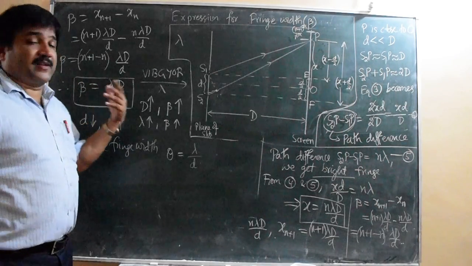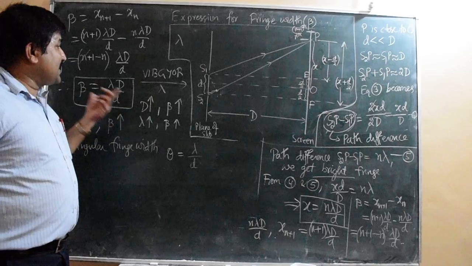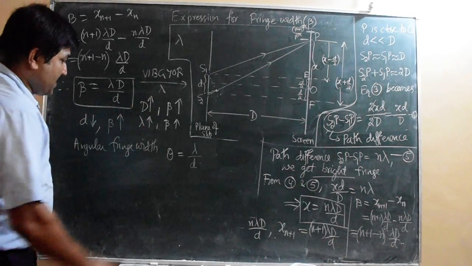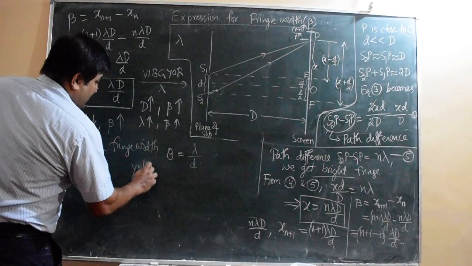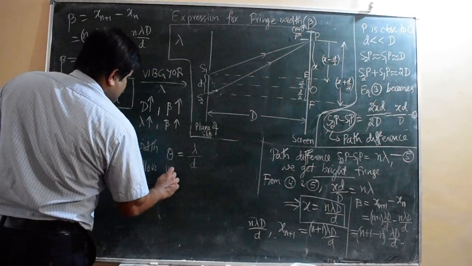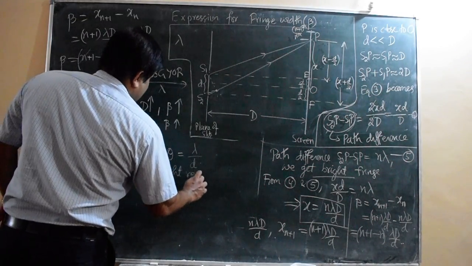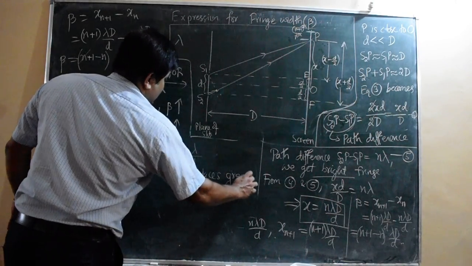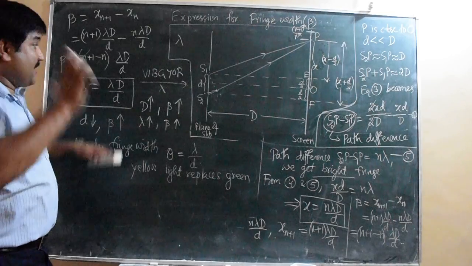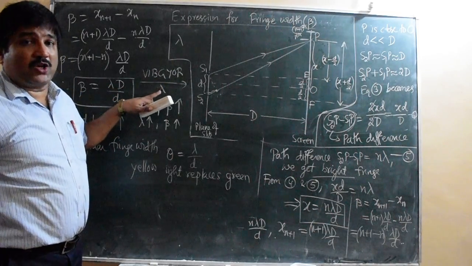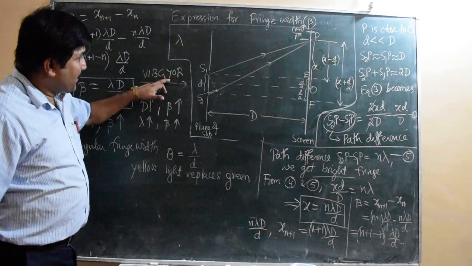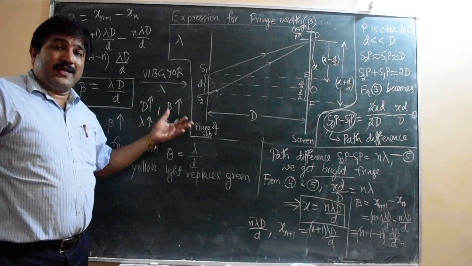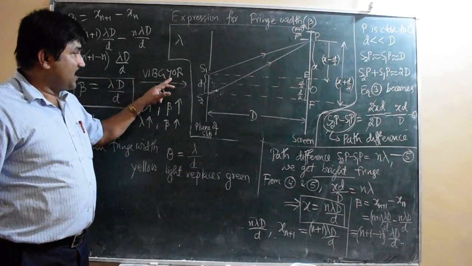This is important. A question can be like this: what happens to the fringe width in Young's double slit experiment if yellow light replaces green light? I have written the wavelength order here. If yellow replaces green, we are using the longer wavelength, yellow.